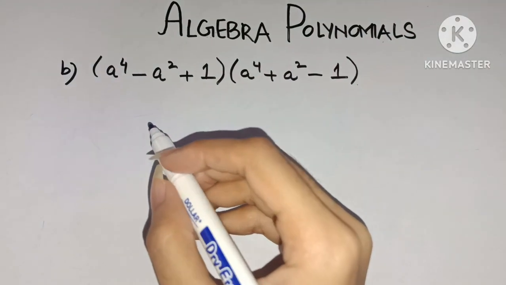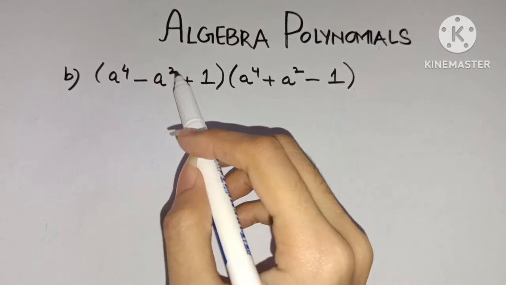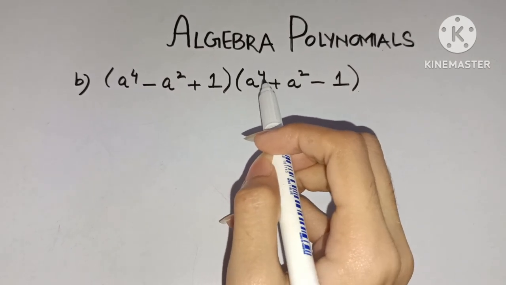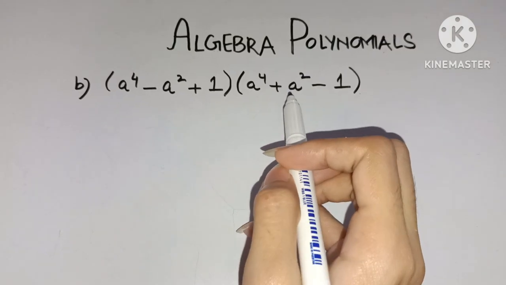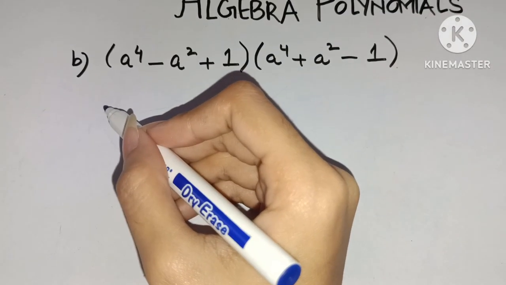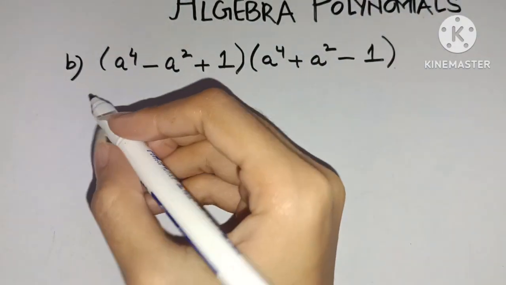Here we are having our second question, which is a power 4 minus a power 2 plus 1, and it is multiplied with a power 4 plus a power 2 minus 1. So here also same we will do like we did in question number 1. So each and every term will be multiplied with this whole expression.